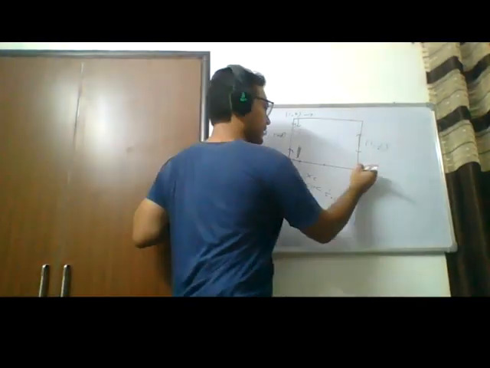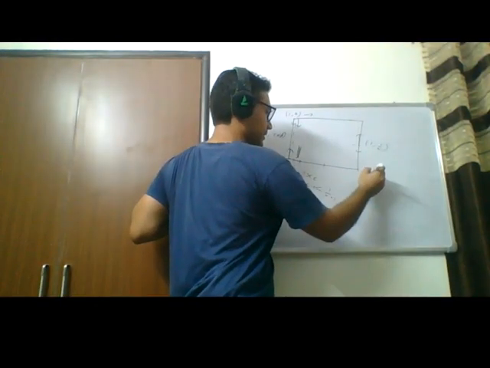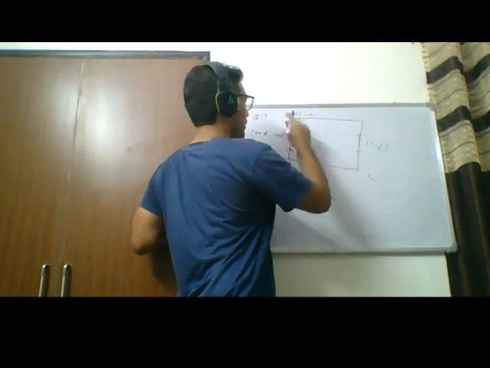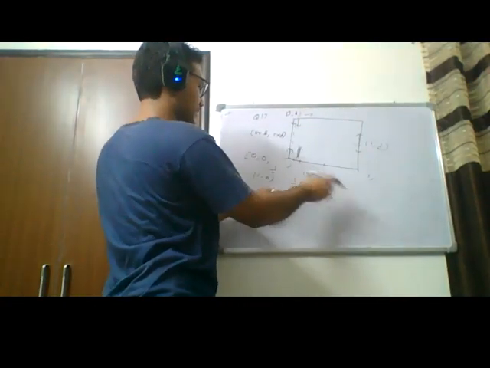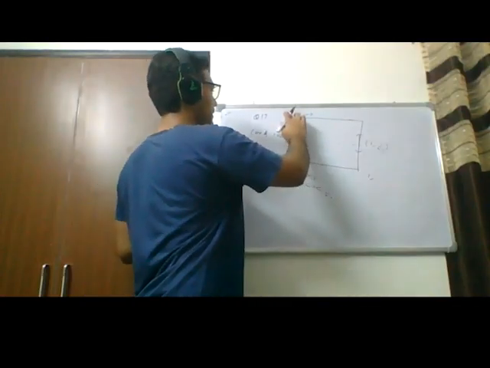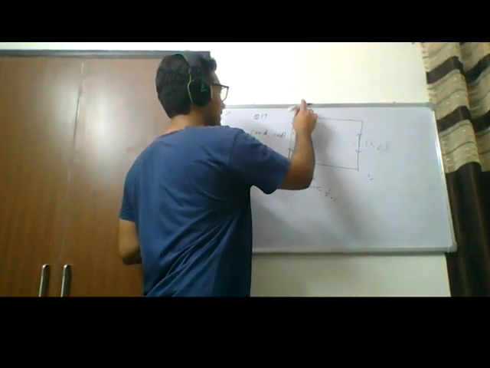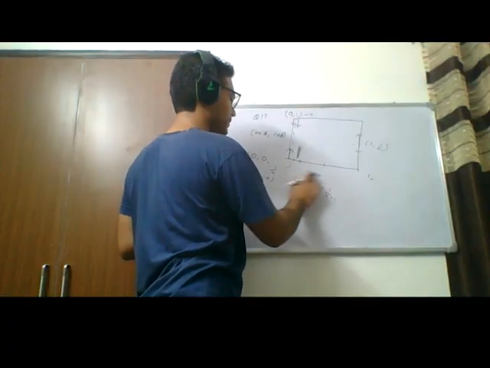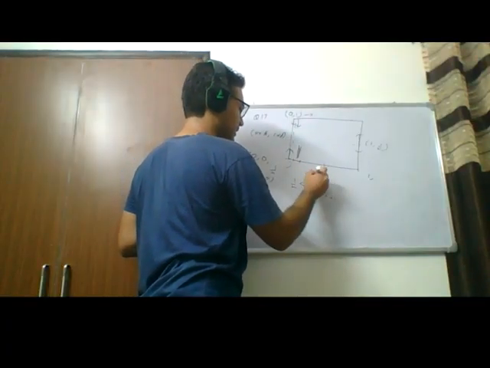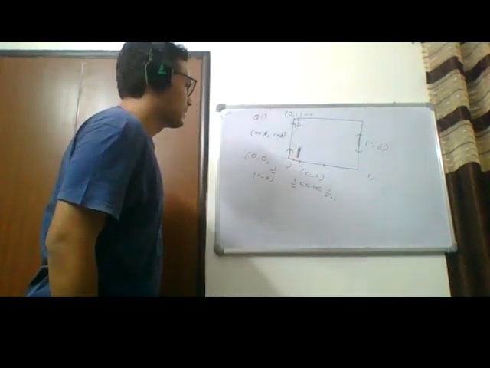But the bottom here, what is it? (1, 0). Hang on, sorry. Oh, this was (0, 1), wasn't it? Yes, this was (0, 1), but this was (c, 1). You get the idea though.